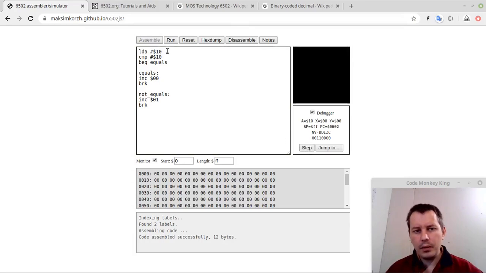So loading the value of 10 to the A register, comparing. Now you see that these flags have been set, so the 0 flag has been set because 10 minus 10 is equal to 0. I'm not sure why the carry flag is set here, to be honest, but anyway, this is already enough to make branch equals know that they are actually equal.